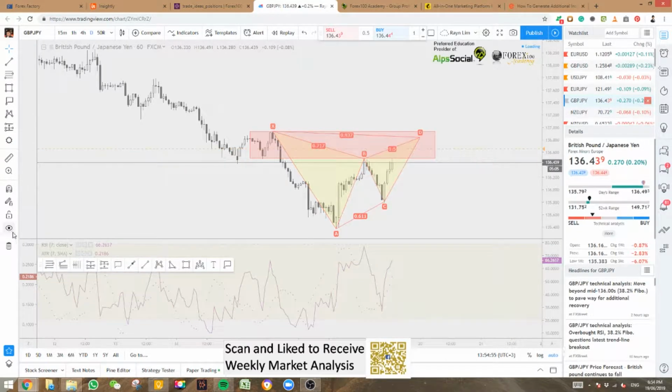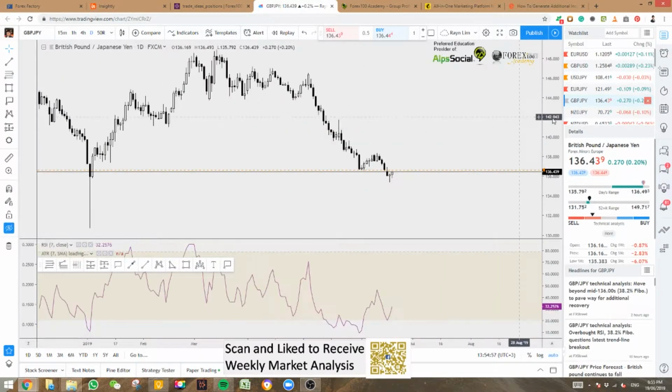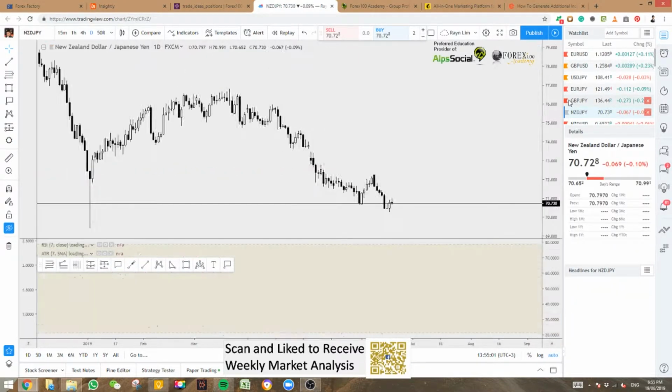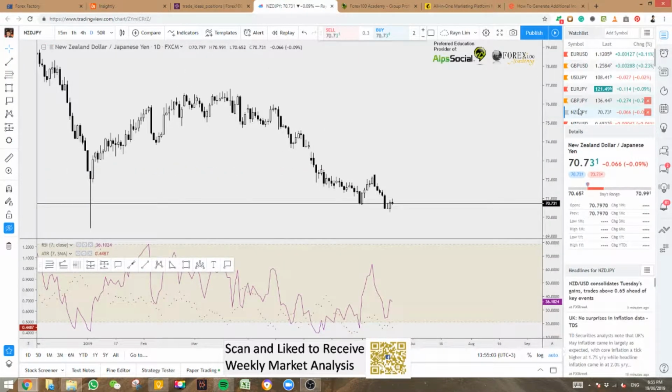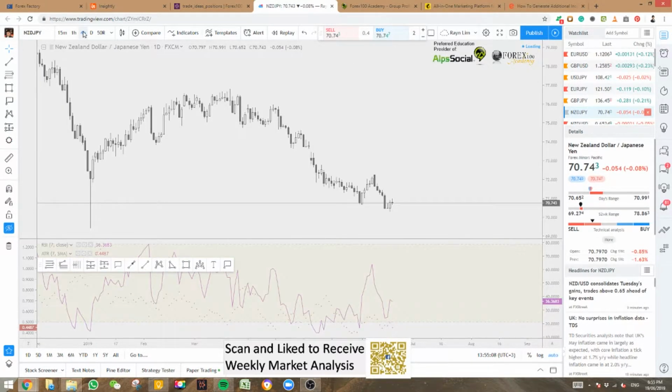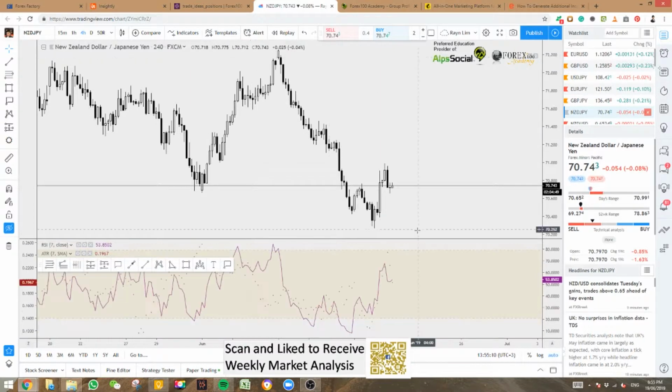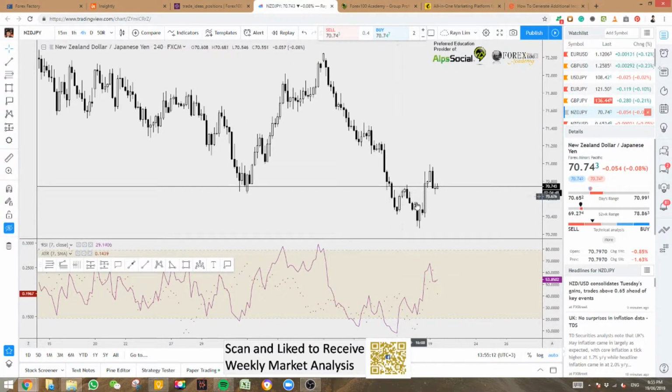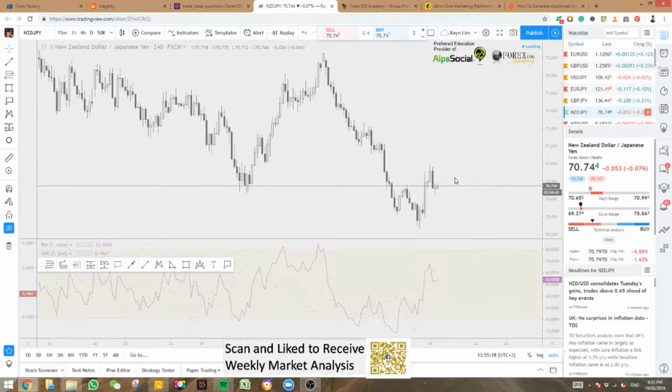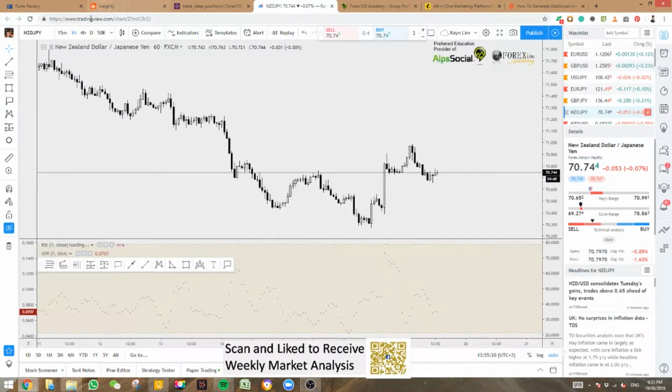Back to the daily chart, to the next pair. So there's some patterns over here waiting. Two actually. New Zealand yen on the daily chart, this is what I have. To the 4-hour. Bearish movement, confirm, affirm. All right, it's moving. Potential shark pattern look like on the 1-hour chart. Okay, back to the daily chart.